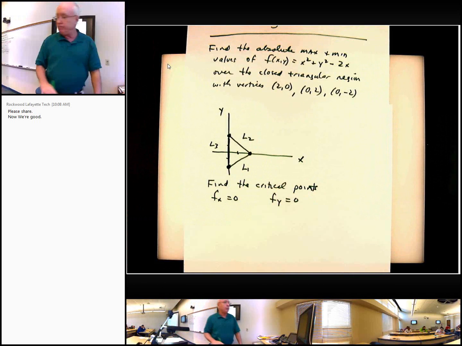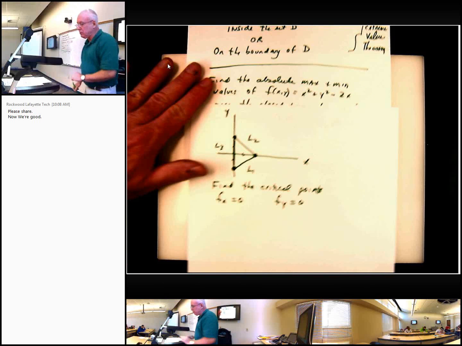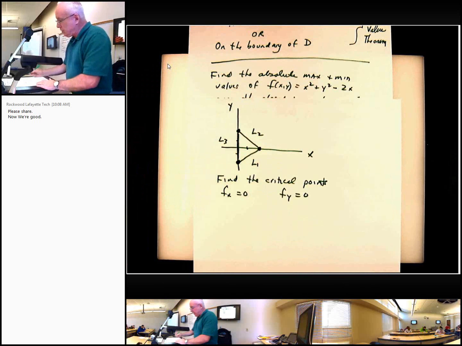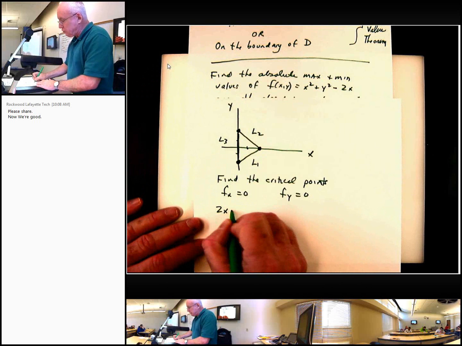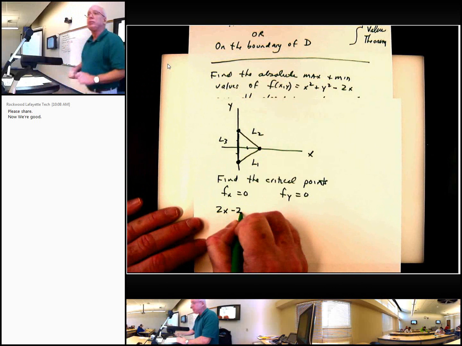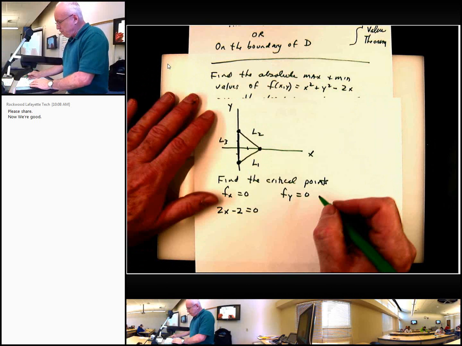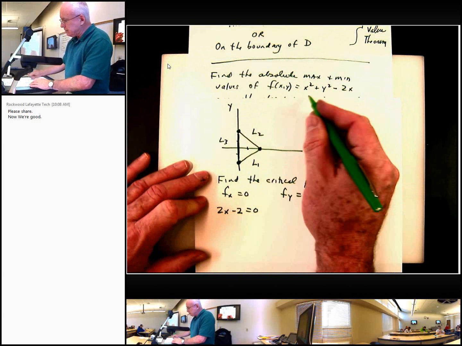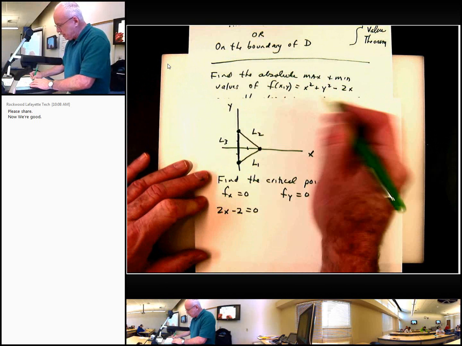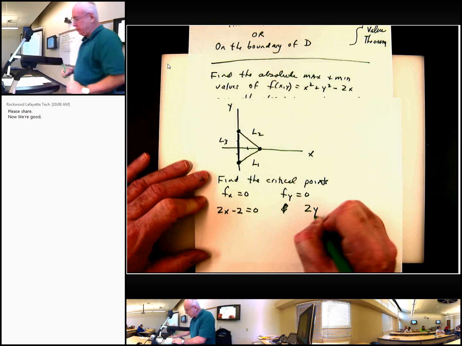Here's our function, x squared plus y squared minus 2x. So fx is going to be 2x minus 2, and we set that equal to 0. That's going to be easy. And the same thing for fy, the x's are treated as constants here, so fy is just 2y, and we set that equal to 0.